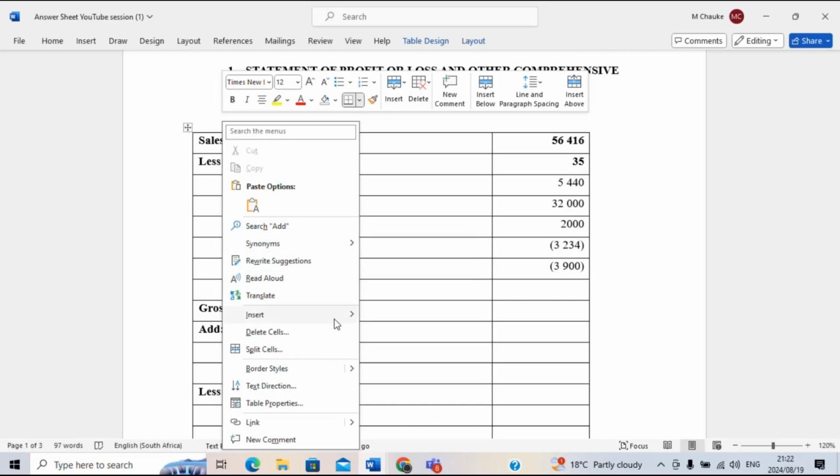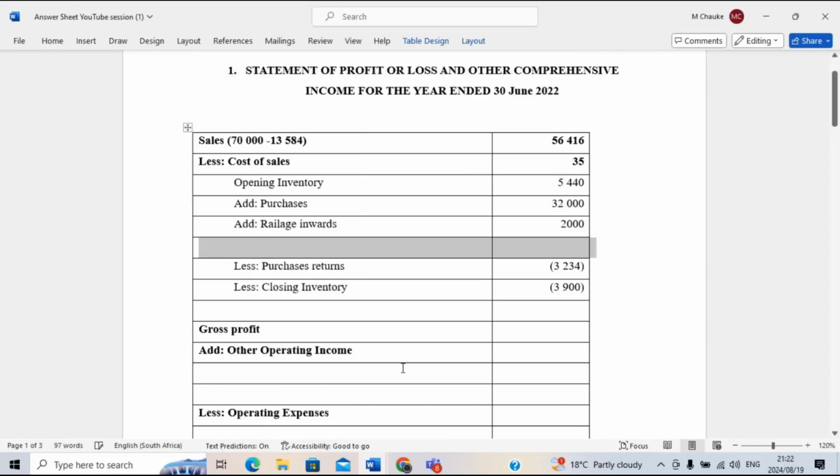My apologies about that. We have to add storage cost here. It's part of the items that we need to calculate cost of sales. Storage cost, so 3,000.